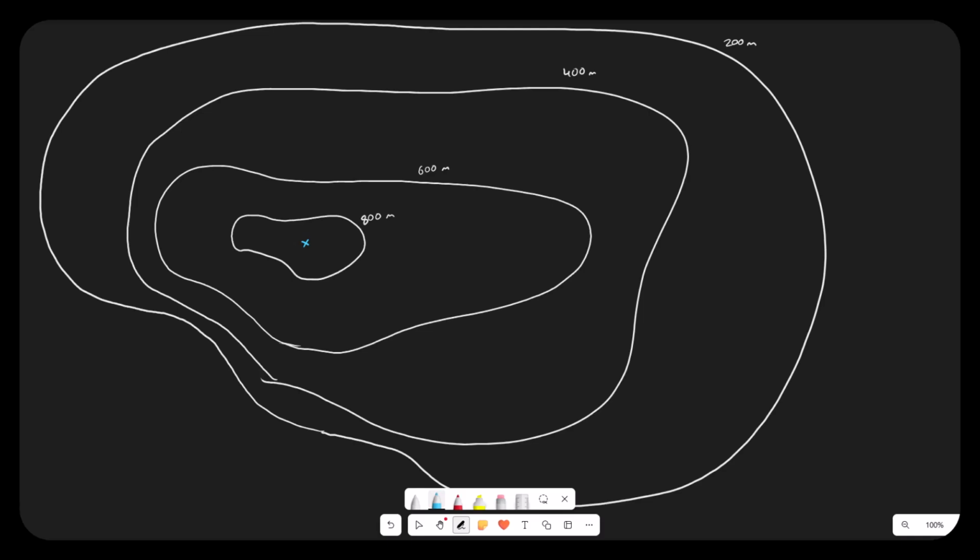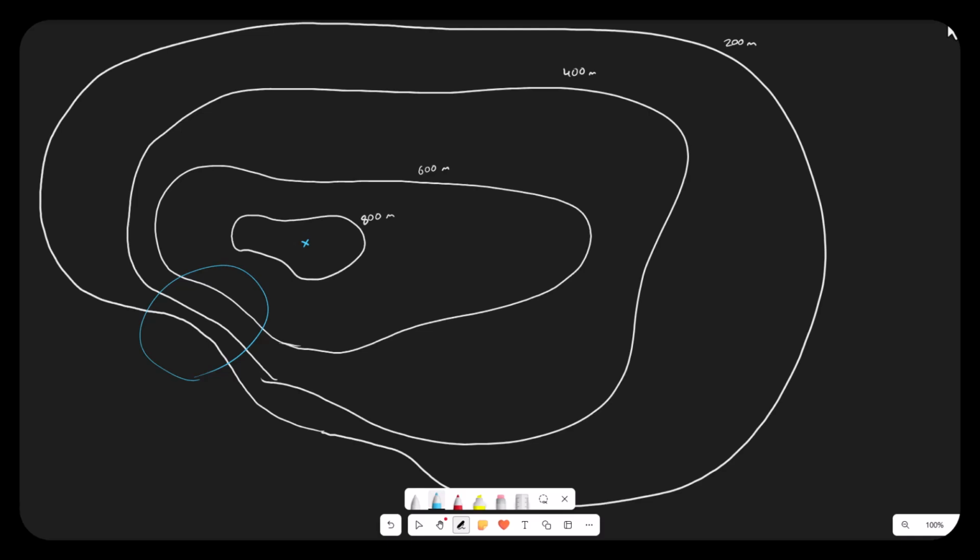As I move farther away from there, I'm moving downhill. So I'm moving from a higher potential to a lower potential, that's moving downhill. If I had this kind of a contour map, and I were asked where is a region that I might try to avoid if I were going to be moving up this mountain from the ground? I would say this looks like a good region to avoid.